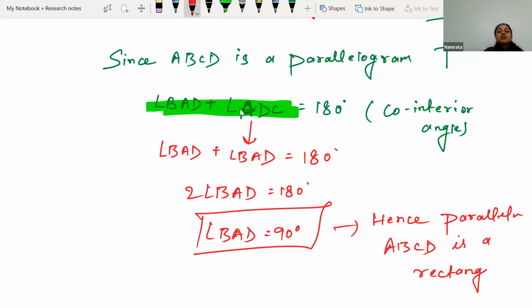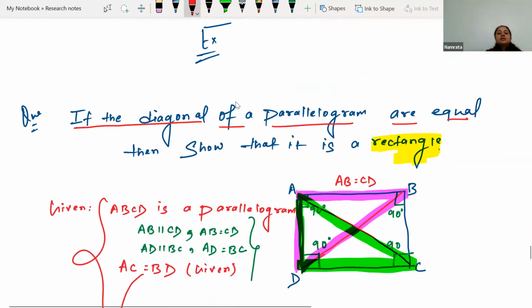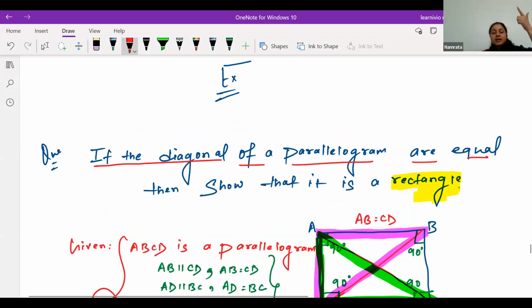Let's see from the very beginning what we have done exactly. If the diagonals of a parallelogram are equal, then it's a rectangle. We already know a rectangle is a parallelogram, but a rectangle also has its own particular qualities. A parallelogram can be a rectangle, a rhombus, or a square. Whenever we say it's a rectangle, it must have its own quality also.